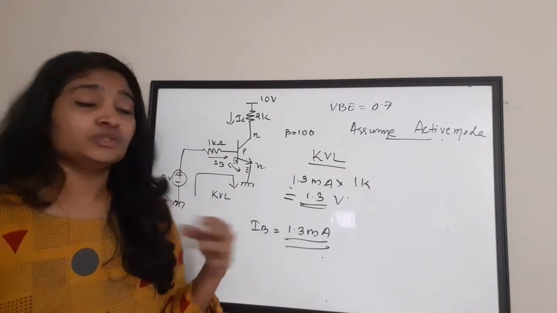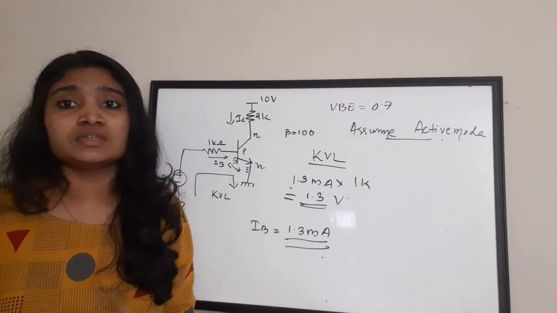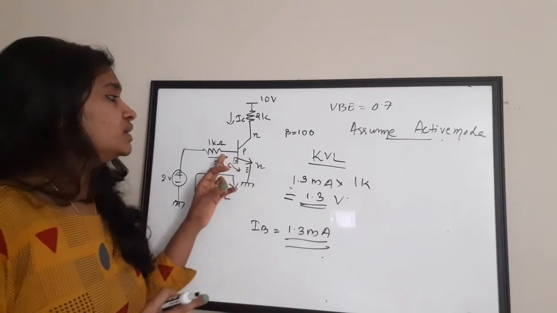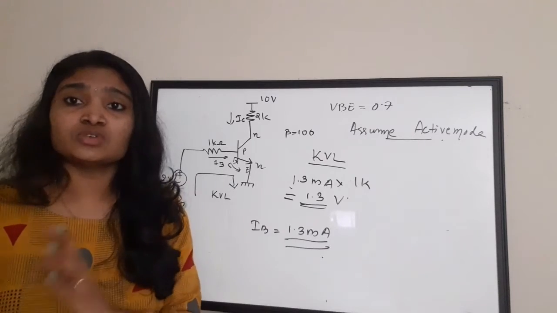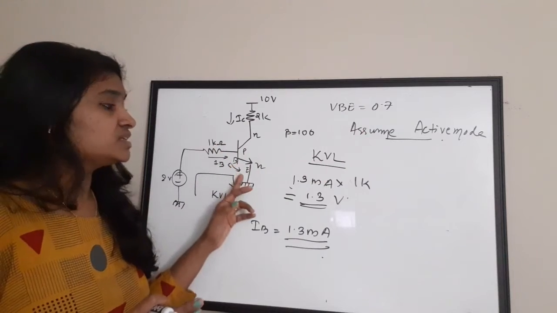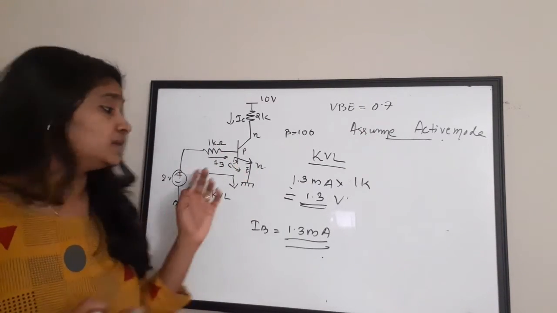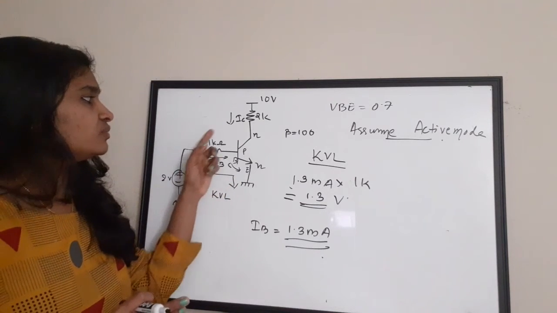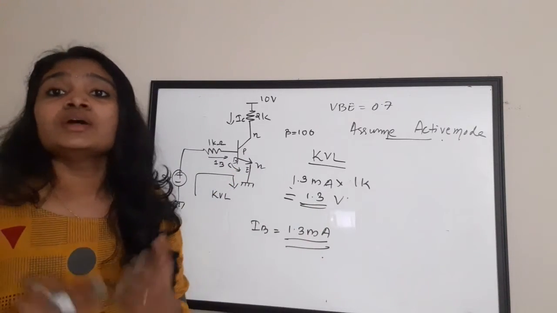In order to find the actual mode, first we assume the transistor is in active mode, and we assume the base-emitter voltage is the minimum 0.7. We apply KVL in this loop: minus 2 plus the voltage drop across the resistor plus the base-emitter voltage is equal to 0.